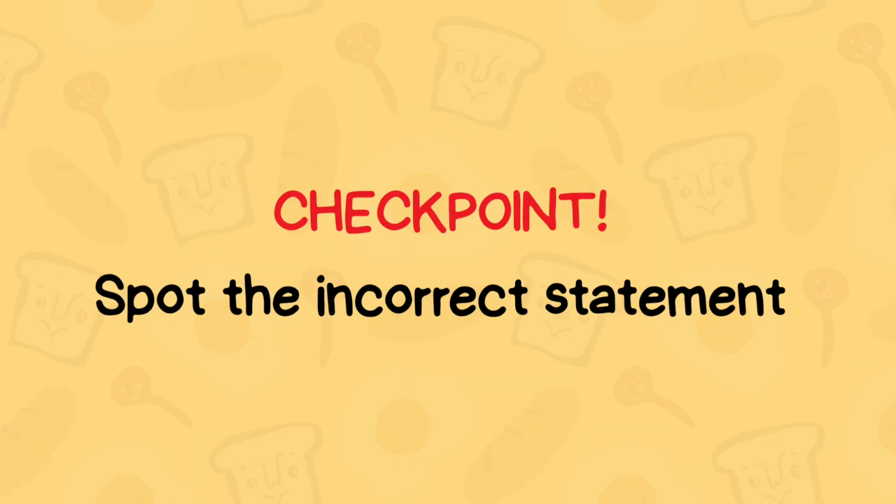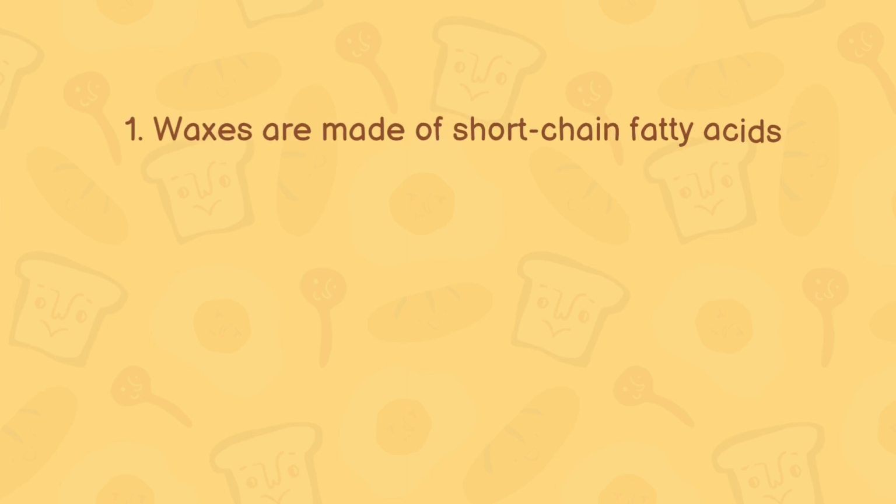Now we have the spot the incorrect statement activity. I will show you three statements and you will comment down below which statement is incorrect. For the first statement, waxes are made of short chain fatty acids. Second statement, waxes are water resistant.